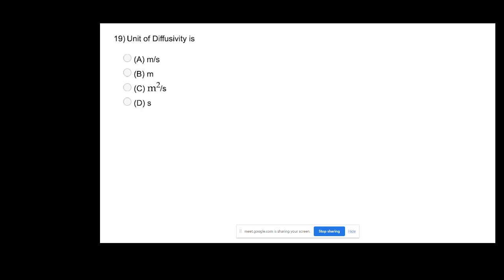Next question is the unit of diffusivity. Diffusivity is calculated from Fick's law, which is J equals minus D dC by dx, where J is the flux.